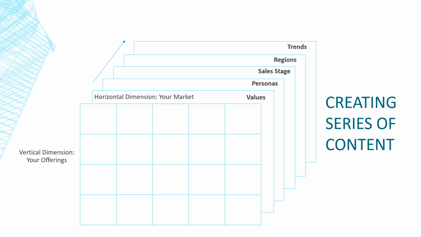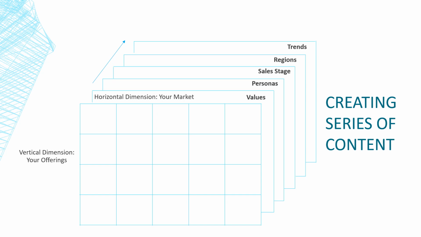Build your content model in the following steps. You put your segments or stages of your market on the horizontal axis of your grid. You put your product and service offerings on the vertical axis of the grid. This two-dimensional product market grid has a lot of applications in product development, sales, budgeting, and strategic planning.